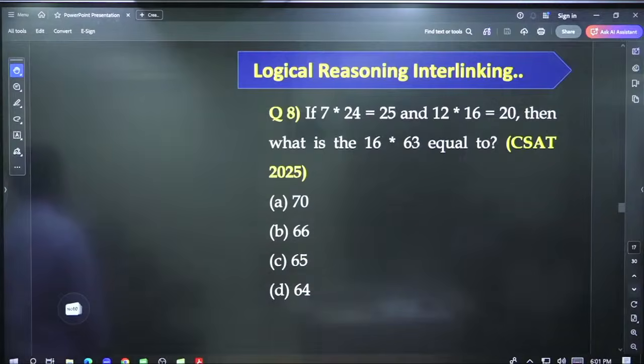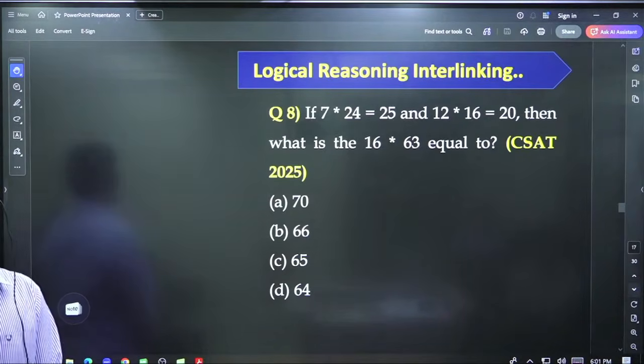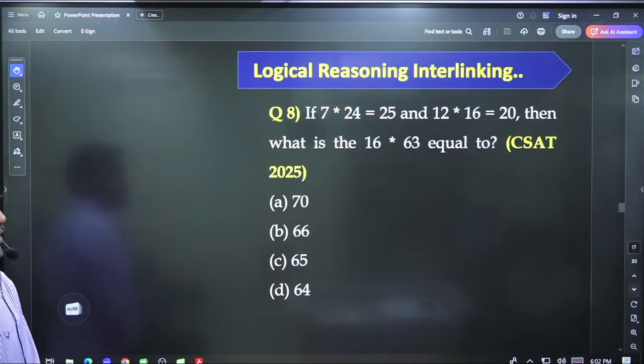Many think reasoning is always easy. No. Sometimes we don't get the logic. If this question is from basic quants, if you know the concept, you will write something, you will get something. So quant is always better. If you know the concept, you will get the answer. Here, the logic is very simple.